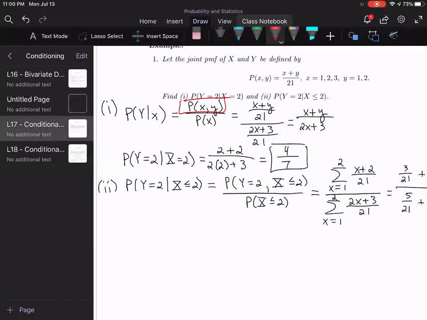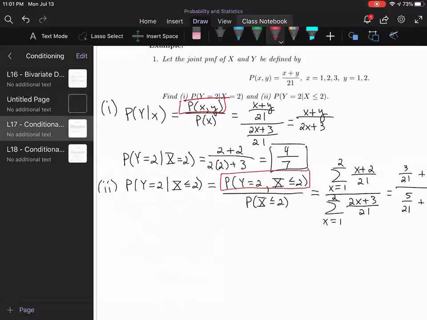So P of xy is the same as P of yx. So I could write this as P of x less than or equal to 2, comma y equals 2. So the order in the joint distribution doesn't matter. It does matter in conditional. The probability of y equal to 2 given x less than or equal to 2 is not necessarily the same as the probability of x less than or equal to 2 given that y equals 2. Okay.